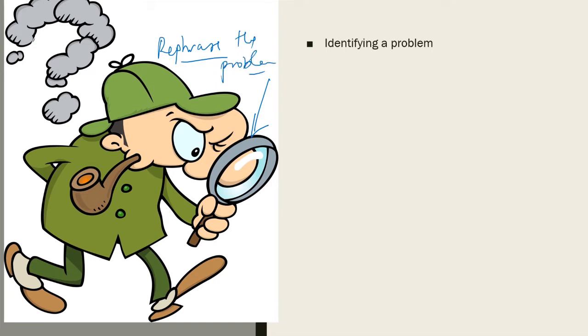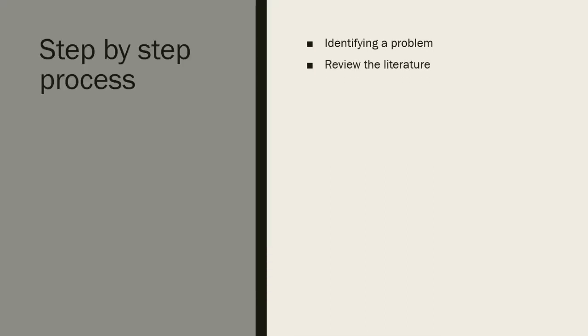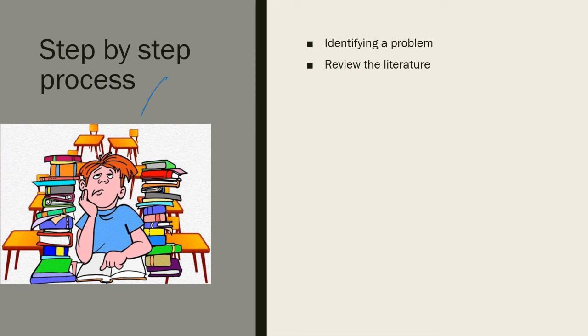The second step is to review the literature. After identifying the problem, the researcher must learn more and more about the same problem. So he needs to survey the literature connected to the problem extensively, like journals, books, government records, and all these things will provide him fundamental knowledge about the problem.